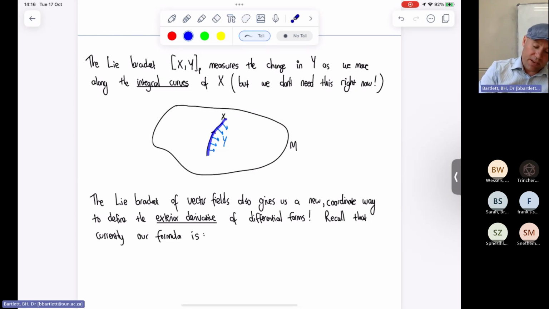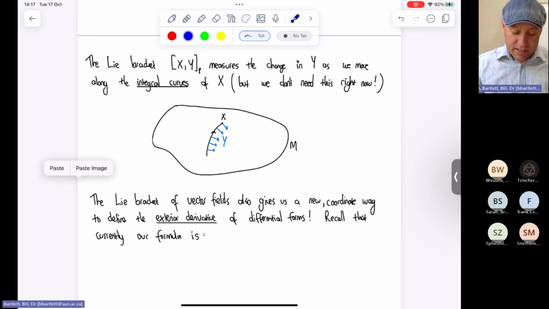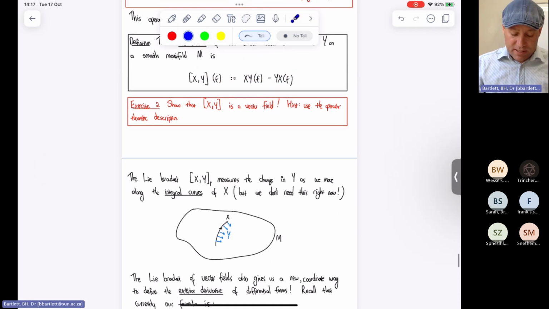So as I flow along X, I can ask what is happening to the vectors Y as I flow along X. I can differentiate Y as I flow along X, and that's actually what this thing is measuring. Alternatively, it can be thought of as differentiating X as you flow along Y.